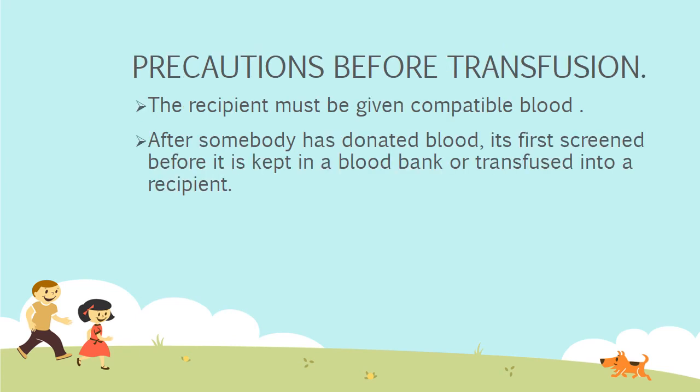Precautions before transfusion. The recipient must be given compatible blood. What do you mean by this? When blood of the donor and the recipient mix freely without agglutination, the blood from the two individuals is said to be compatible. When no agglutination happens. Agglutination is brought about by the clumping of the red blood cells.